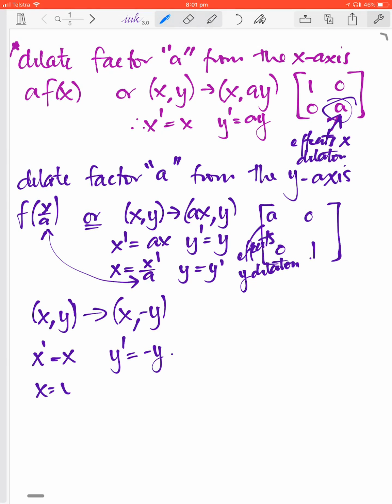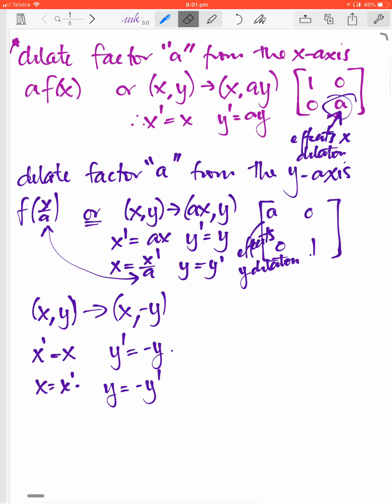So we get x equals x dash, y equals negative y dash. And you can see that that's going to be a reflection. If I said negative y equals x squared, that's the same as y equals negative x squared, which is a reflection in the x-axis. It turns it upside down.